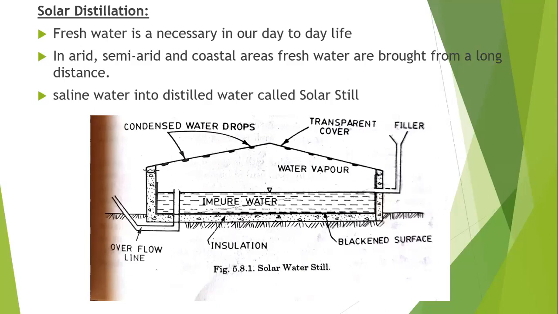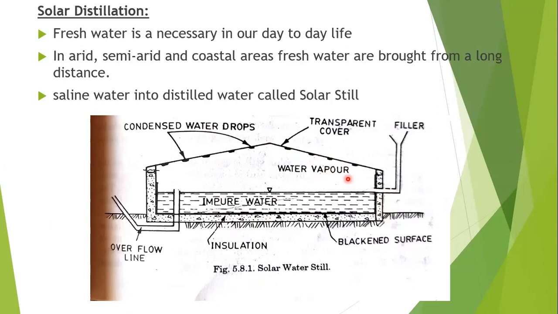In the diagram, this is the impure water, and this is the insulation, and above the insulation we see a blackened surface. Here the impure water gets vaporized due to the solar radiation's heat, and this vaporized water is pure. If the vapors are again made into liquid form, we get pure water.